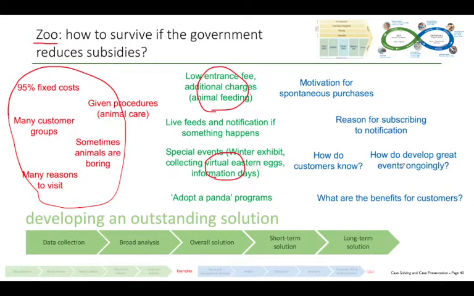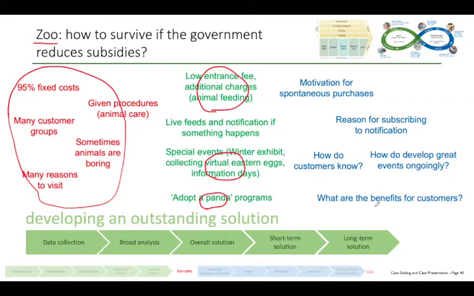How can we ensure that these events are attractive and motivate customers to come back ongoingly?